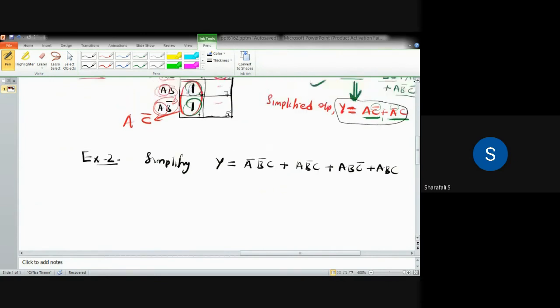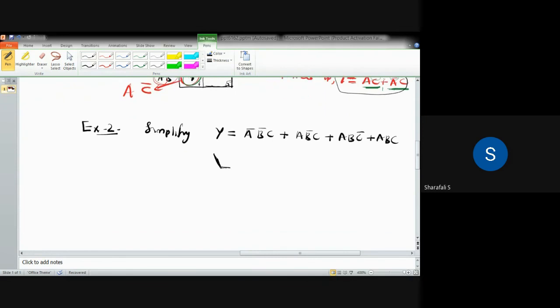So in this case, as you know, we do not need that particular expression in terms of minterms. You can directly simplify this. You are having two variables here also.